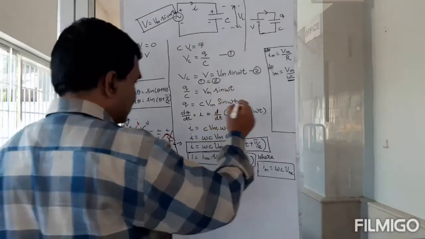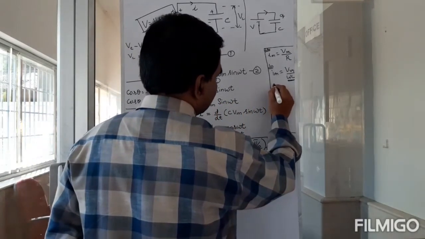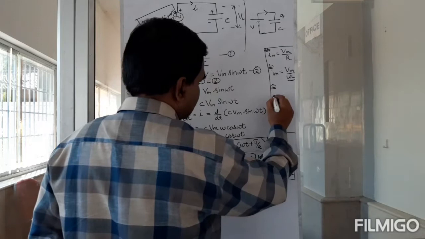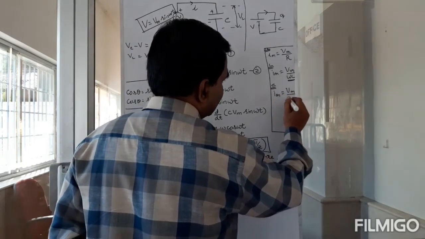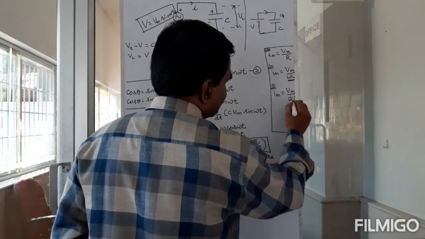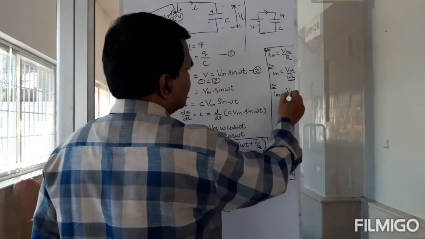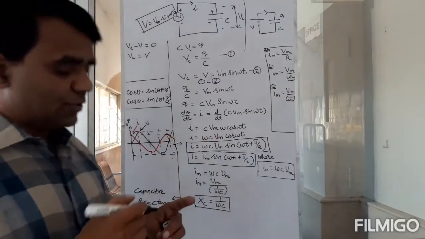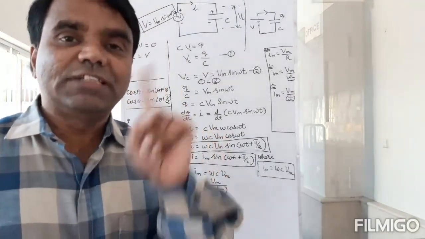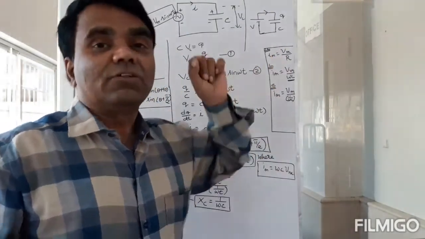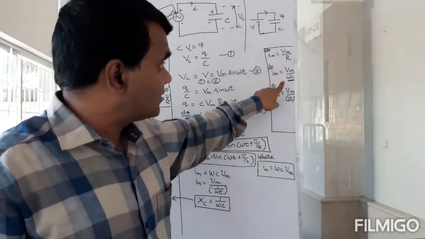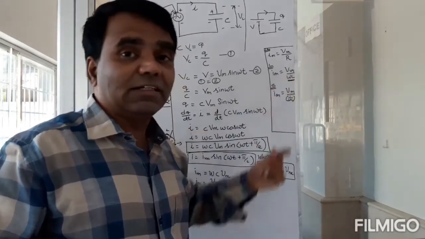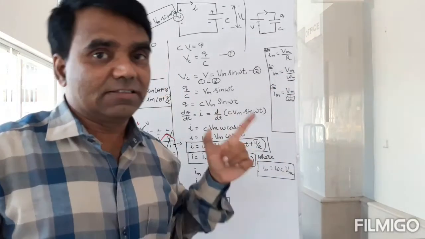So here, if I have to sum it up, then I'll say capacitance, then I'll say Im is equal to Vm by 1 by omega C, and that is actually equivalent to resistance. You see, only in the case of resistance you call it resistance. In the case of inductance, you call this omega L reactance.